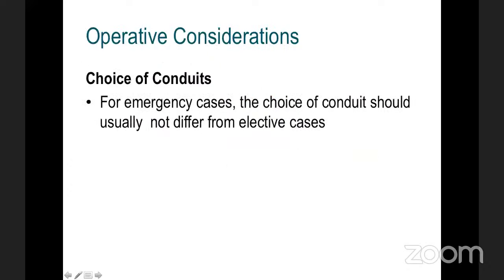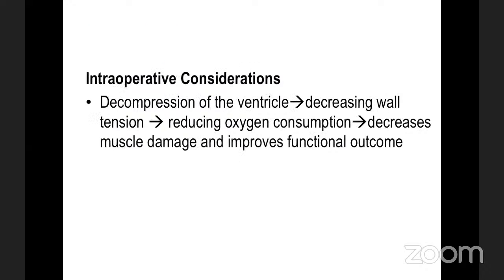Moving on to the operative considerations. Regarding the choice of conduit, there are no differences in emergency cases, so you can take the LIMA for the semi-stable patient in an urgent case. Intraoperatively, decompression of the left ventricle is very important.